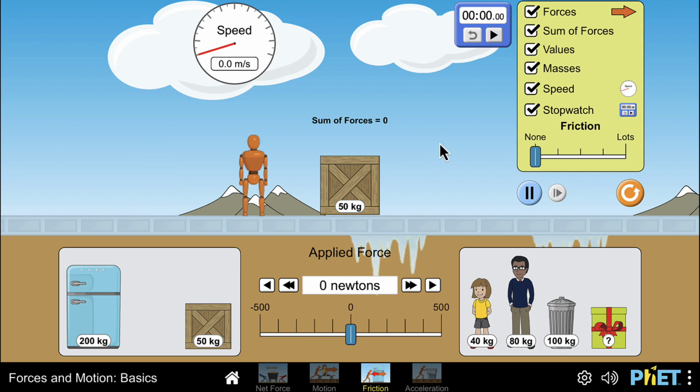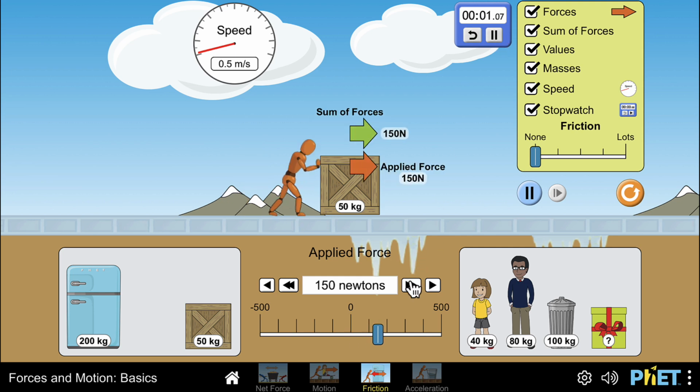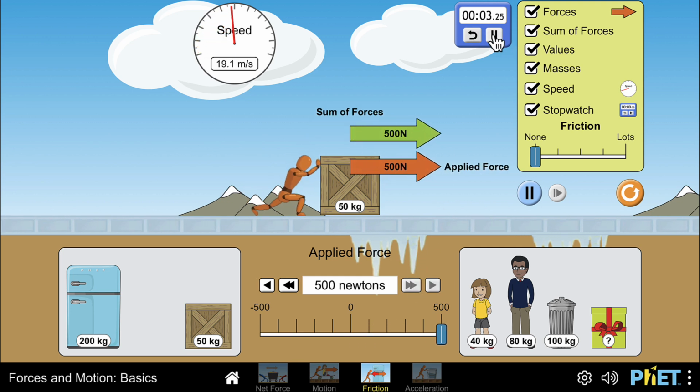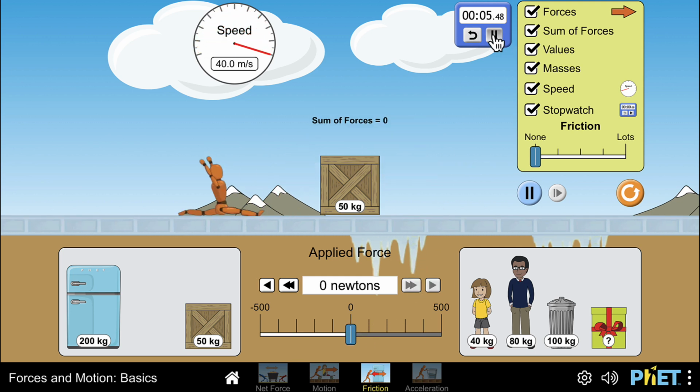So ready? 3, 2, 1, let's go. It took about 5 seconds, almost 5 seconds, to get this box to move at the maximum speed without friction.